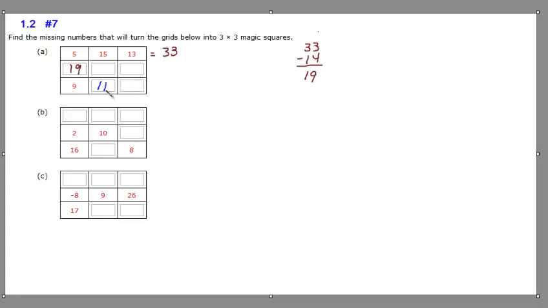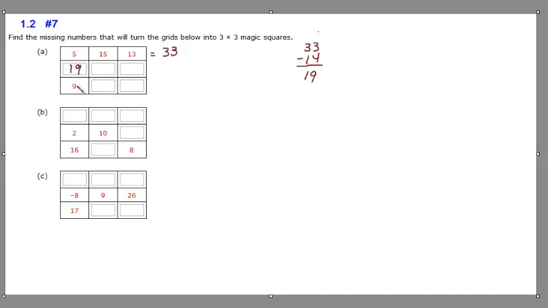So if that's 20, then that number here would need to be such that I would have it all the way across, equaling 33. That would need to be a 13, but that's not possible because I already have a 13 there, so that's not a good one to pick. All right, I chose an 11. I can't really pick any of these numbers that are up here.